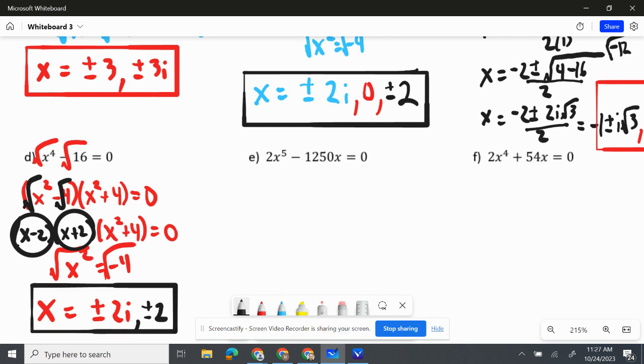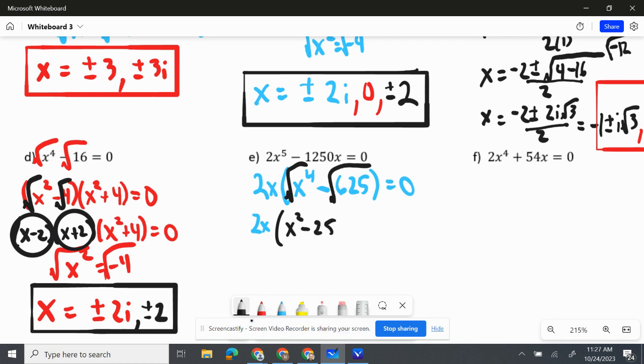If we're looking at letter E, first thing I'm going to do is factor out a 2x, and then that leaves me x to the 4th minus 625. And I can take the square root of that, and what that gives me is 2x, and then x squared minus 25, and x squared plus 25.